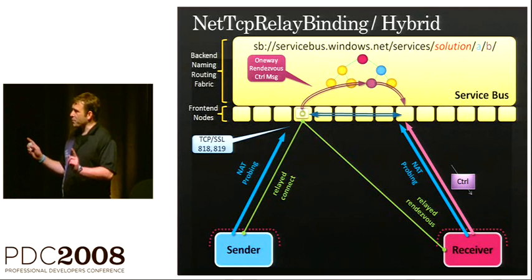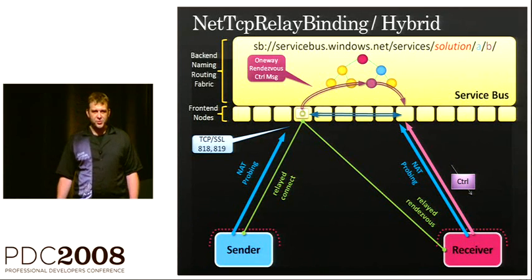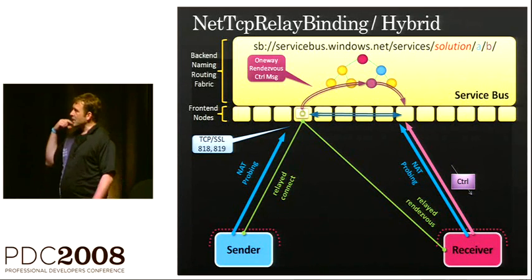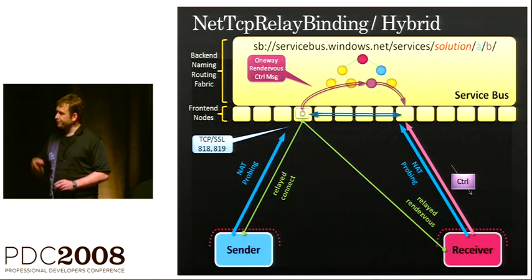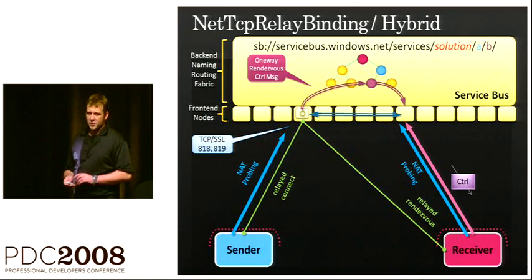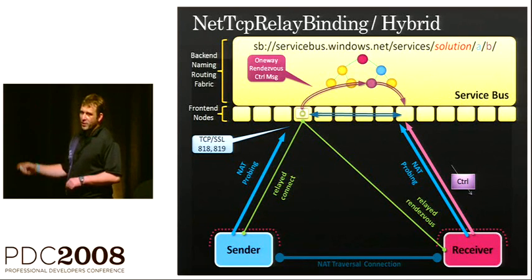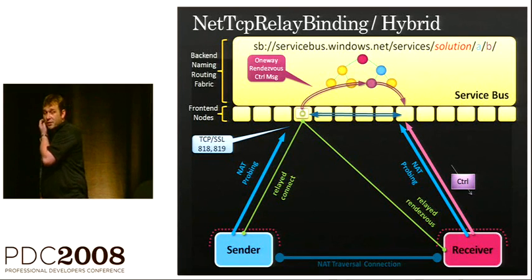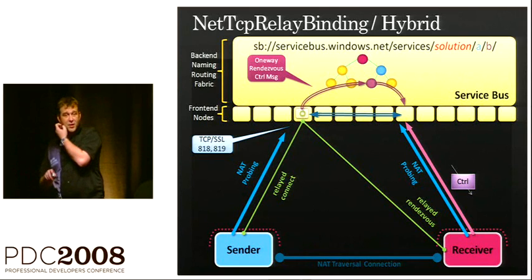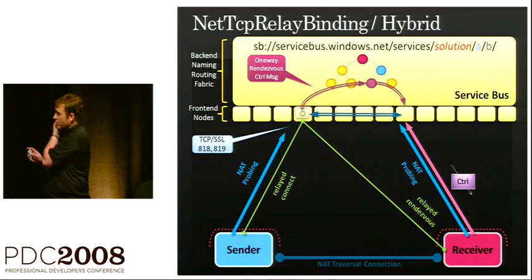Both parties start, as the connection goes up, probing and sending messages up to the relay. They do so on dedicated ports. With the probing, they establish information about each other. I'm going to go into detail on how that really works tomorrow.